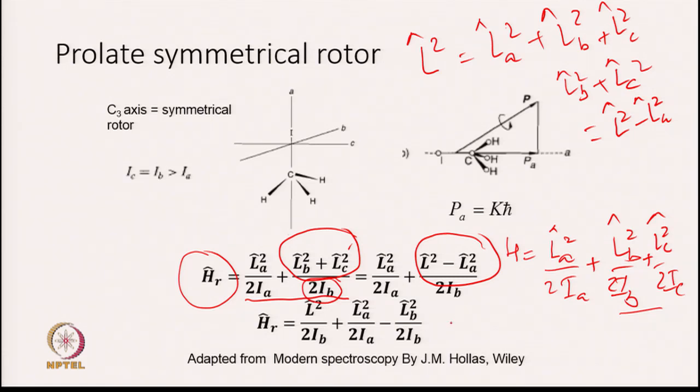And then this can be written as, so if you take this term and bring it here, then what you will get is the Hamiltonian for the rotor is equal to L square operator divided by 2IB plus LA square operator divided by 2IA minus LB square operator divided by 2IB.